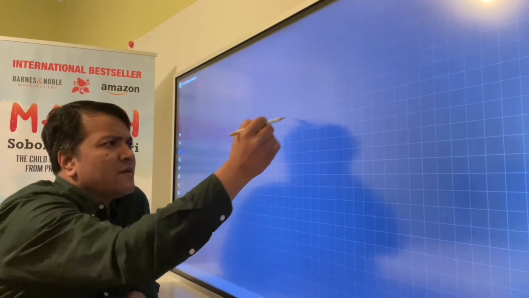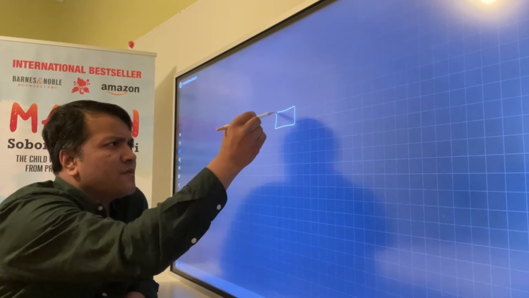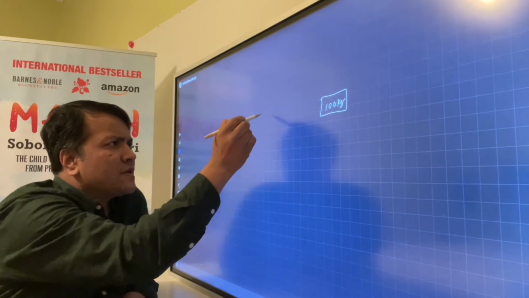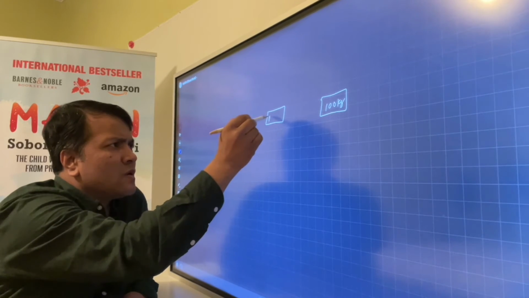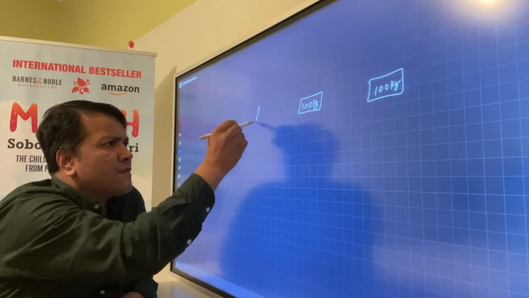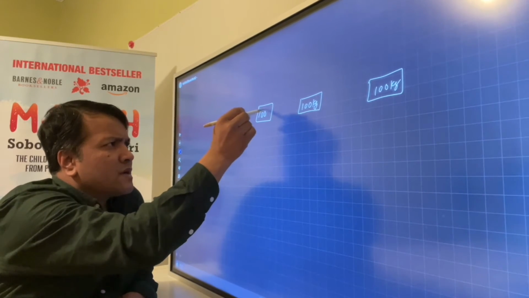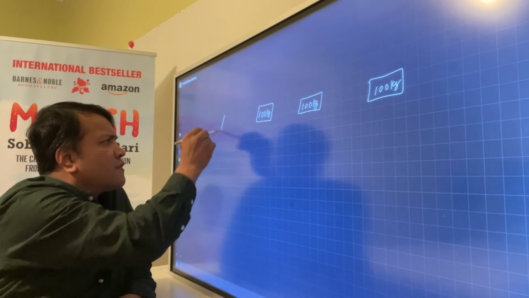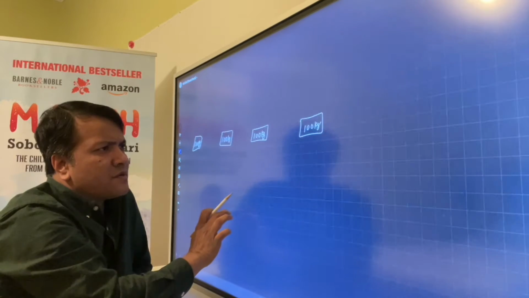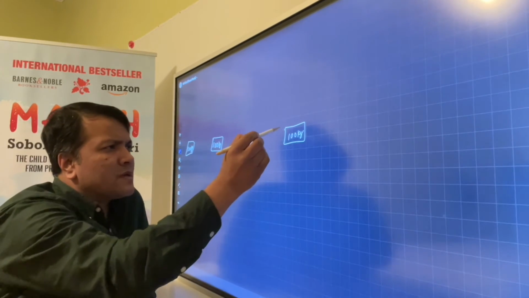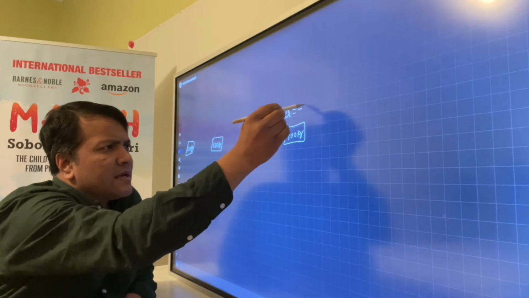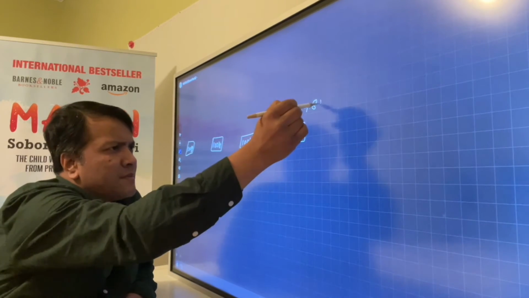So let's consider scenario 1, 100 kilogram. Scenario 2, also 100 kilogram. Scenario 3, also 100 kilogram. Scenario 4, also 100 kilogram. All right, what are we trying to do? This one, let's say the acceleration is negative 9.8 meter per second squared.